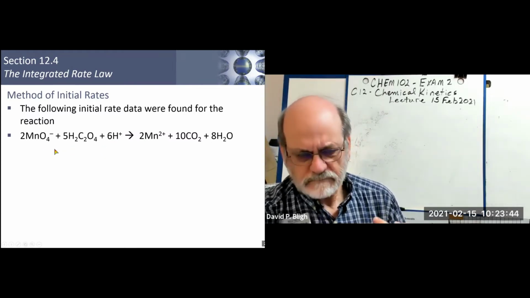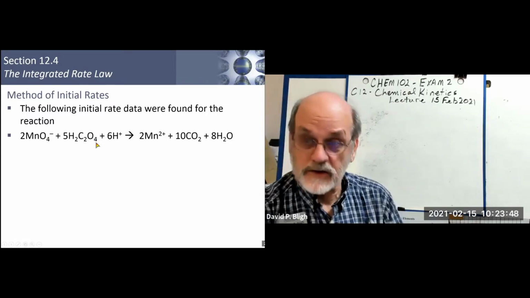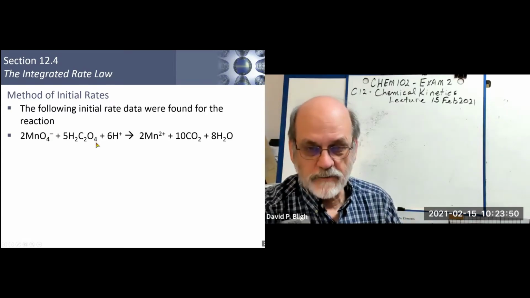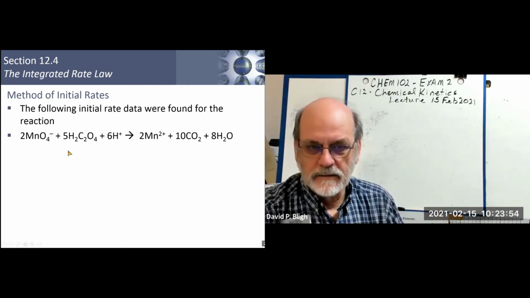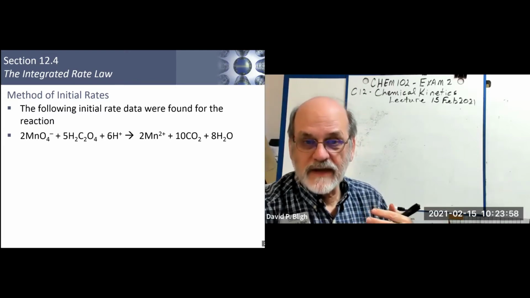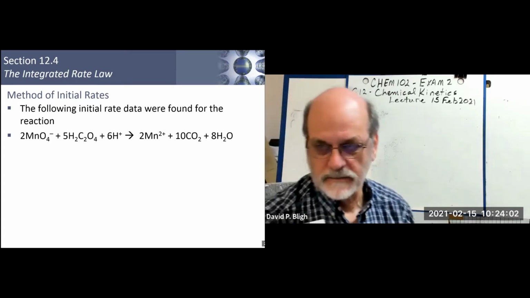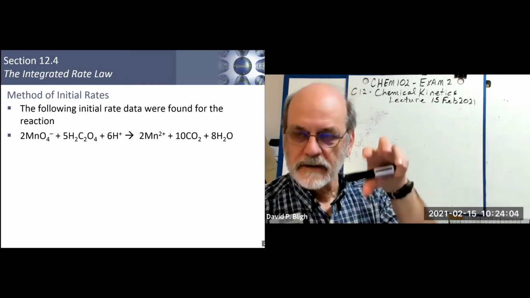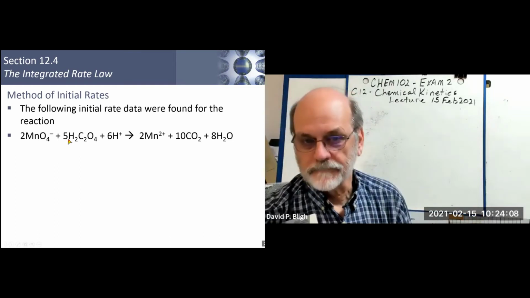Well, of course, you notice that the charges don't balance. This reaction is balanced. Take my word for it. But the charges don't balance. So what are we saying? This is a net reaction. We've removed the spectator ions because they don't matter.